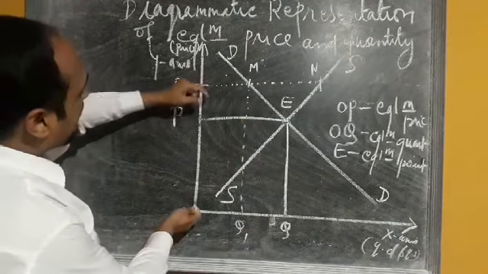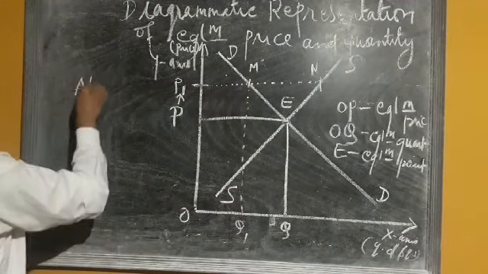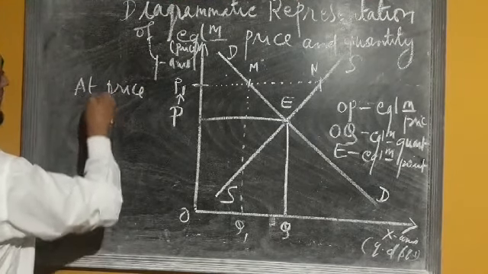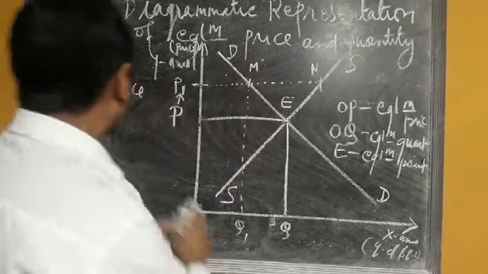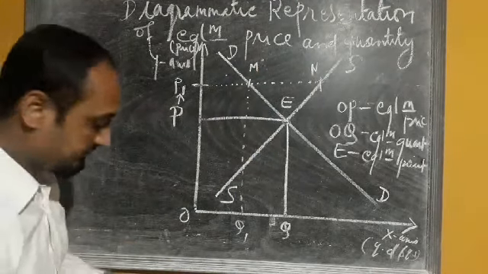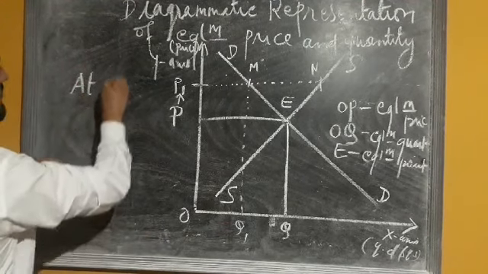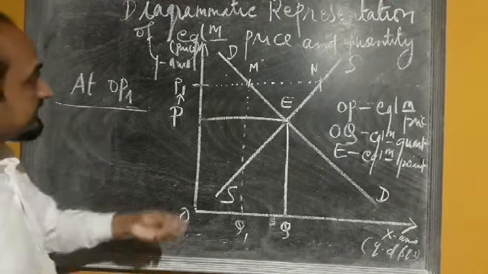So at price OP1, demand is only this much. Now note down what the things are.